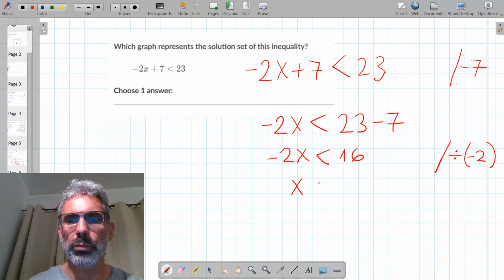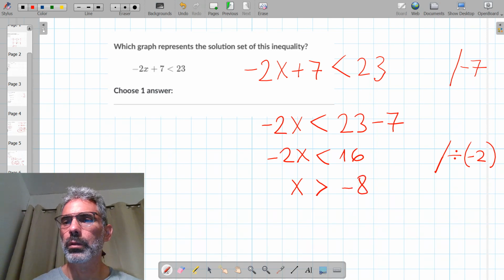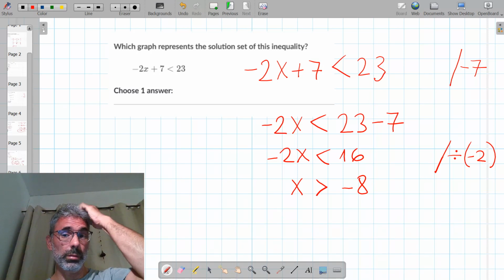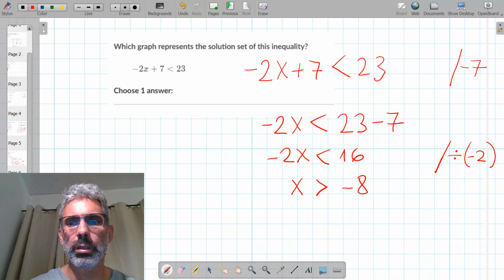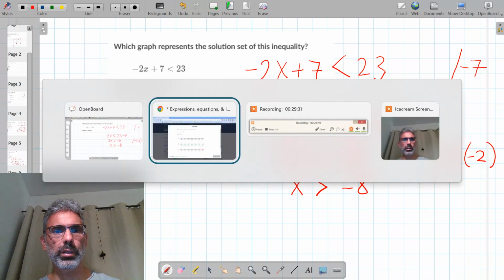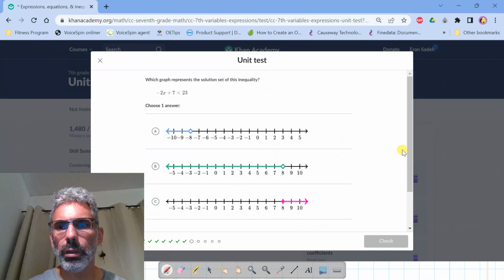So x has to be greater than 16 divided by minus 2, which is minus 8. So all the numbers in the solution set have to be greater than minus 8, not including minus 8. Okay.